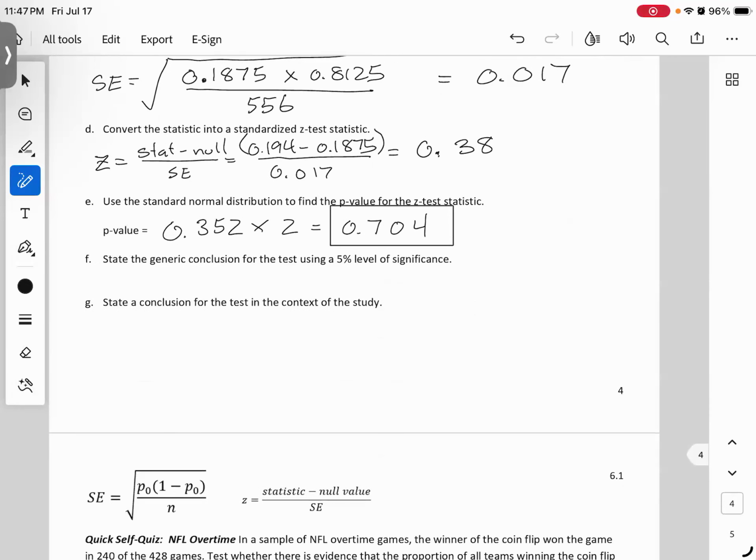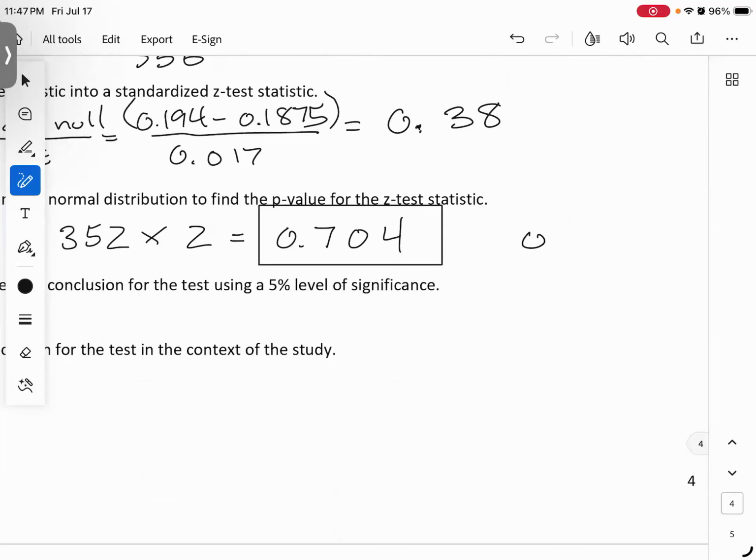And I want you to take just a few moments to think about what a p-value of that size would do if we're using a 5% level of significance. And think about what we've been doing in chapter 4, chapter 5. If a p-value is really large, can we reject the null hypothesis or not?